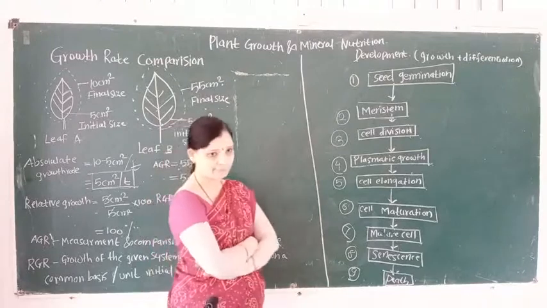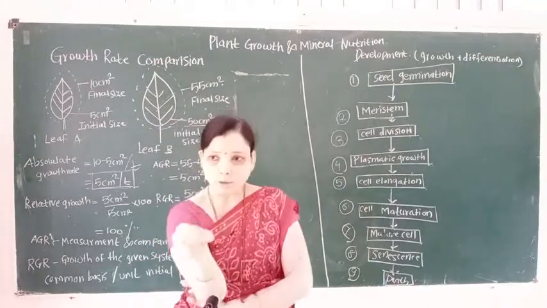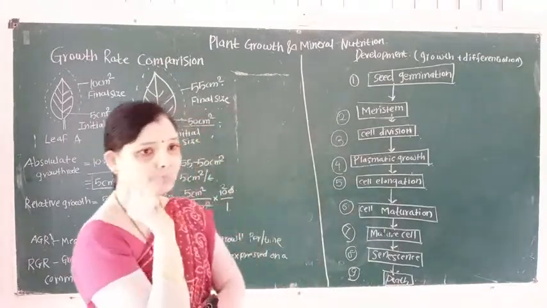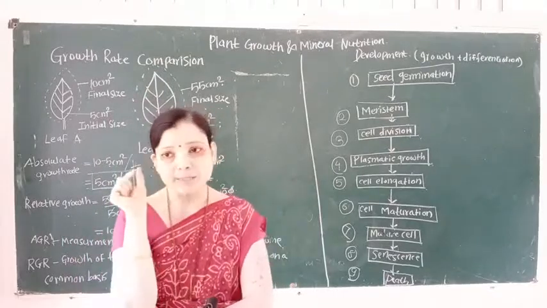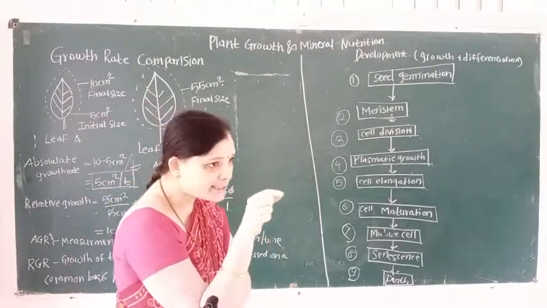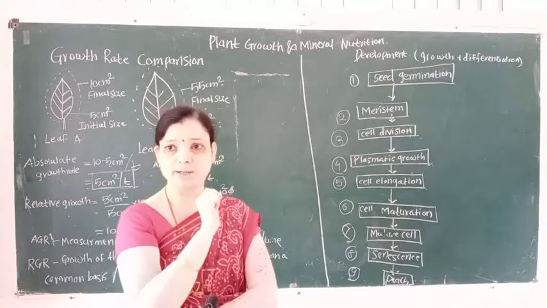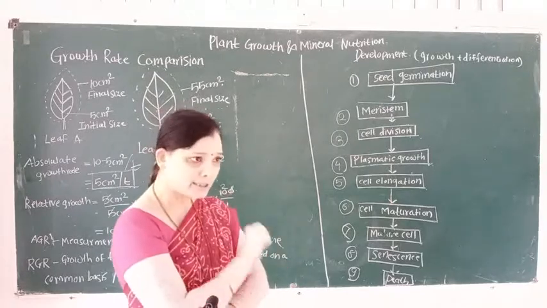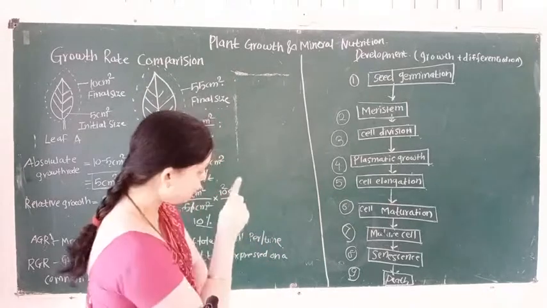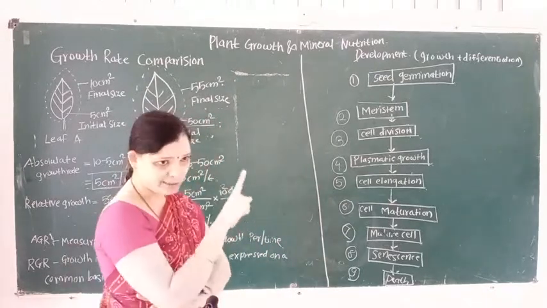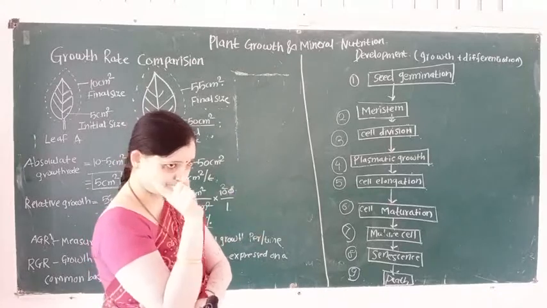plasmatic growth takes place. What is the meaning of plasmatic growth? Plasmatic growth means increase in cell number. So first the embryo is converted into the seedling.